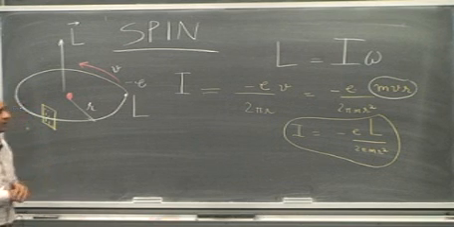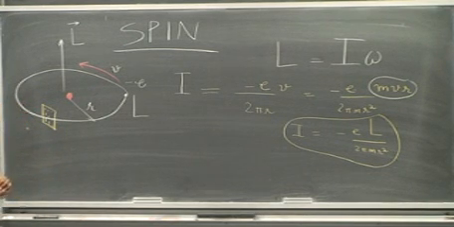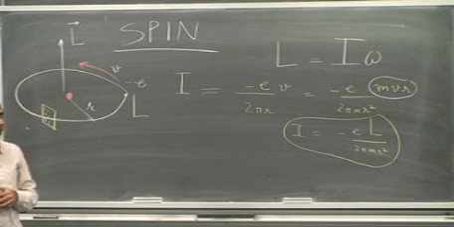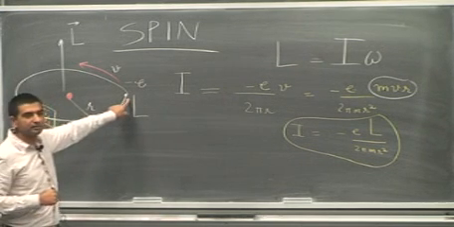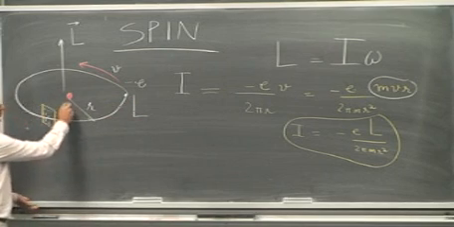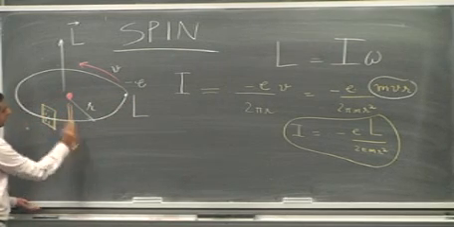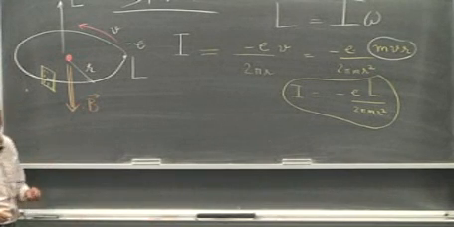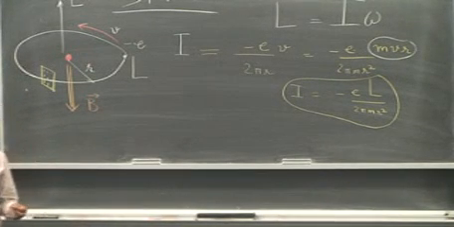And can you tell me what direction this magnetic field will point in? In the upward direction? It's a negative charge. So it will produce a magnetic field in the downward direction, B, because it's a negative charge.